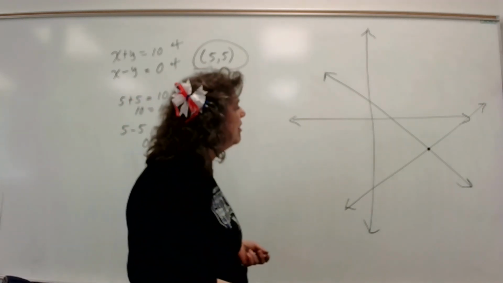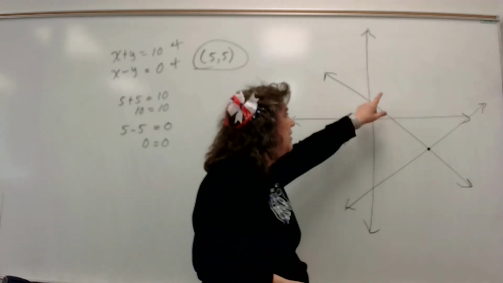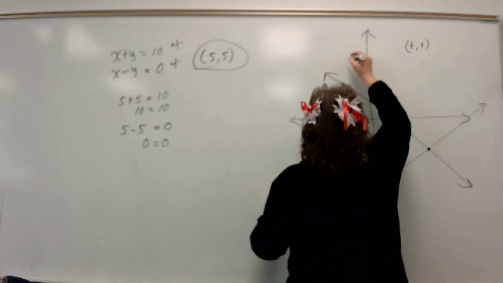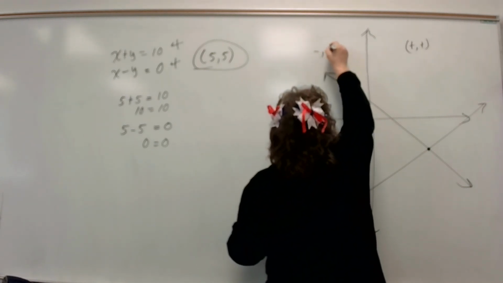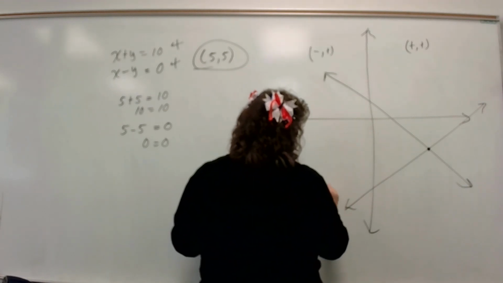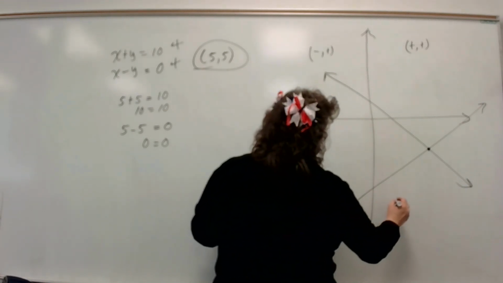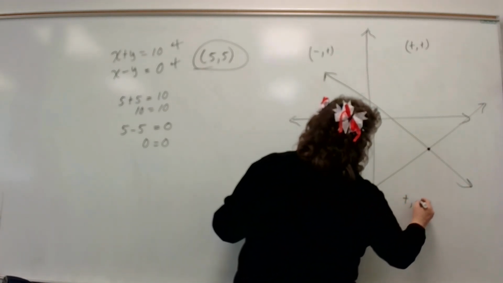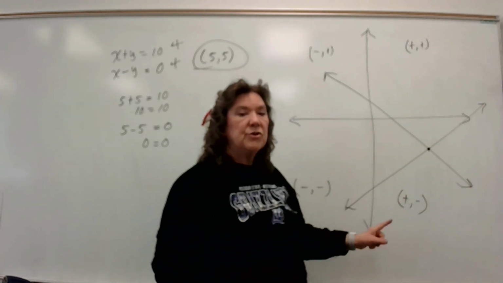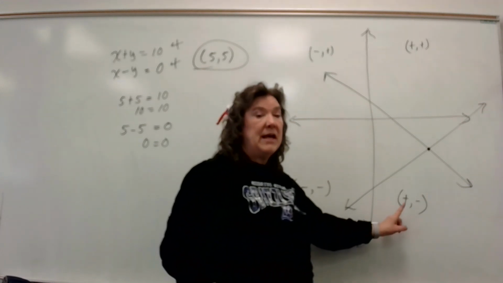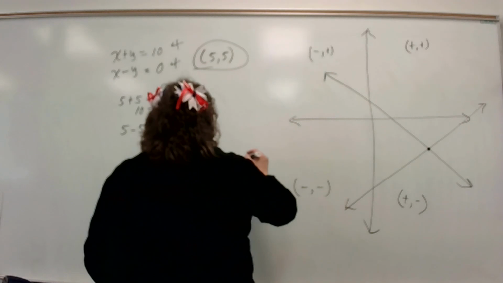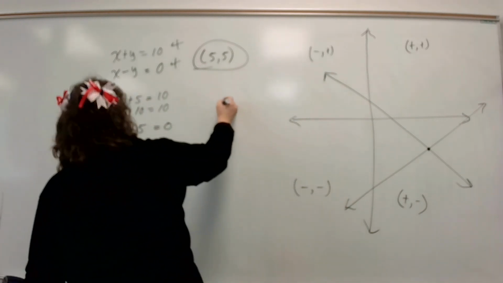Well, first of all, remember the quadrants. Quadrant 1, your ordered pairs are positive, positive. Quadrant 2, negative, positive. Quadrant 3 is negative, negative. And quadrant 4 is positive, negative. So, when you're looking at the ordered pairs, you're going to look for one that has a positive x and a negative y.